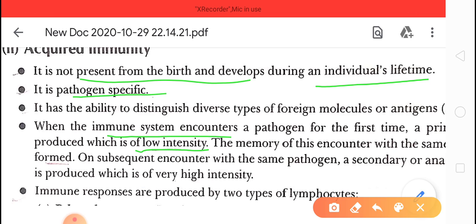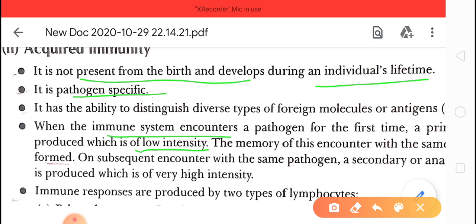Okay, but the benefit of the primary response is that it generates the memory cells. The memory cells will be generated in our immune system against the pathogen.